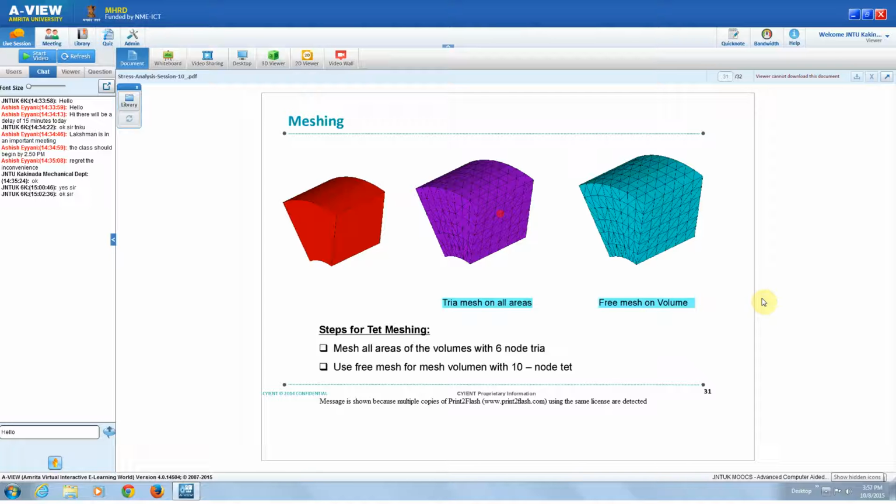One of the important requirements for tet meshing is that for any geometry, we need to select all the outer areas and mesh them with 6 noded triangle elements. Why 6 noded triangle elements? First, we need to use 10 noded tet.